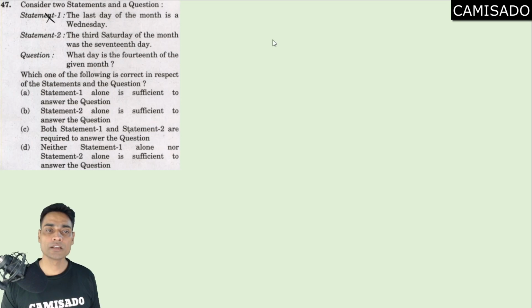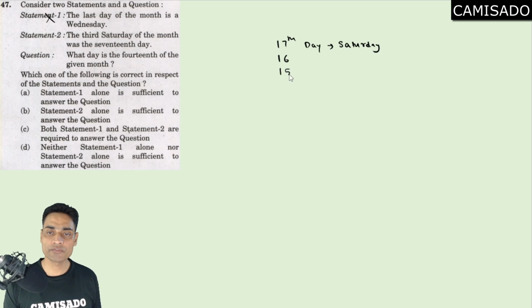But statement number 2 is saying that 17th day is Saturday. Third Saturday. So it means it's Saturday only. 14th. So 16th, then 15th, then 14th. 16th, 15th, 14th.